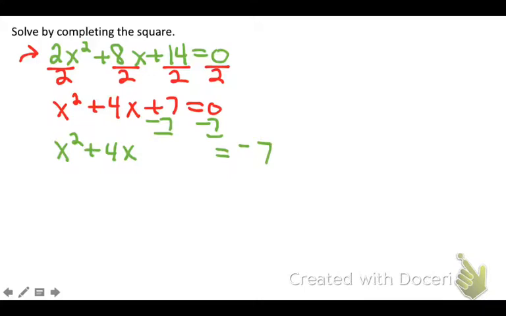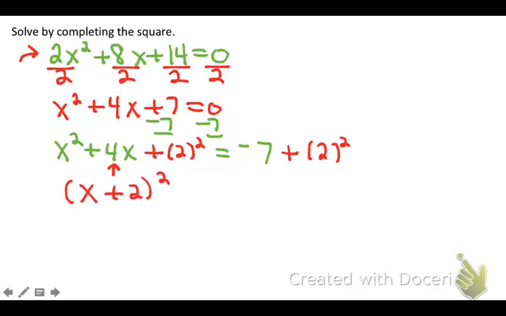Then we take half of 4 and we square it. And if I perform that on the left, we need to do the same thing to the right. Next, we're going to factor x plus 2 squared and then simplify the right-hand side.